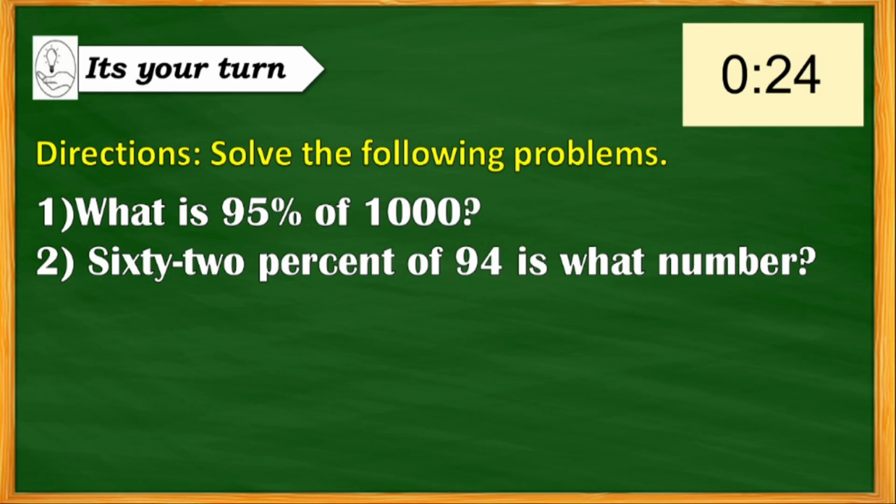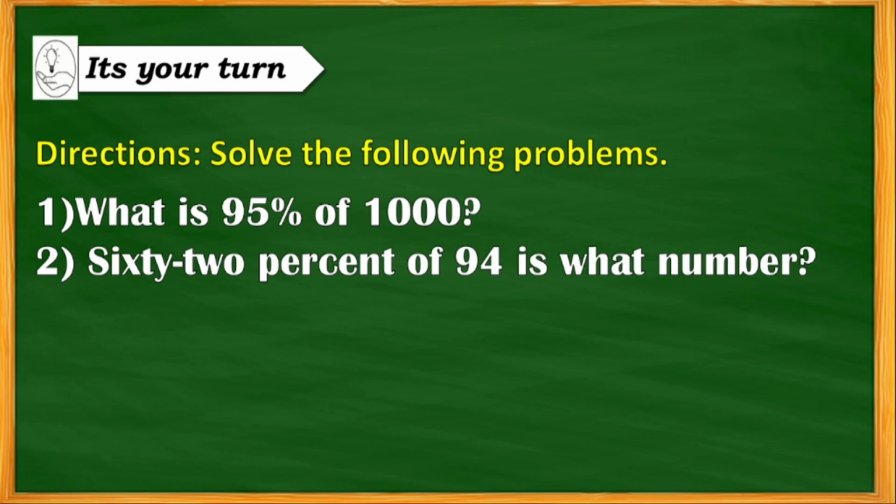Number 1, what is 95% of 1,000? And number 2, 62% of 94 is what number? 10 seconds. 4, 3, 2, 1. Okay, time's up.